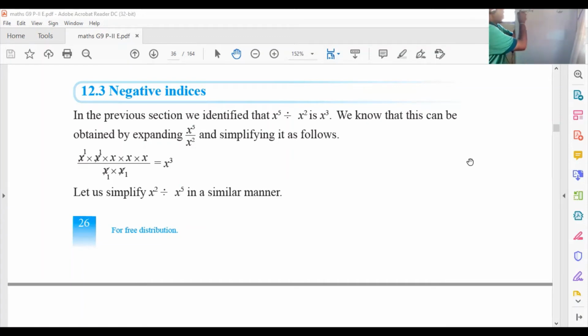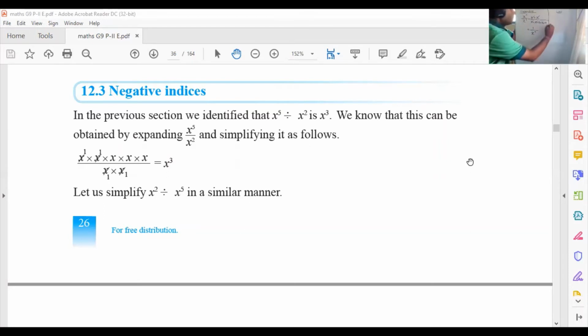If you use the expanding method, x to the power 2 means x times x, upon x to the power 5, which means x times x times x times x times x. Then cancel 1x, another 1x. Then the answer is 1 upon x to the power 3.